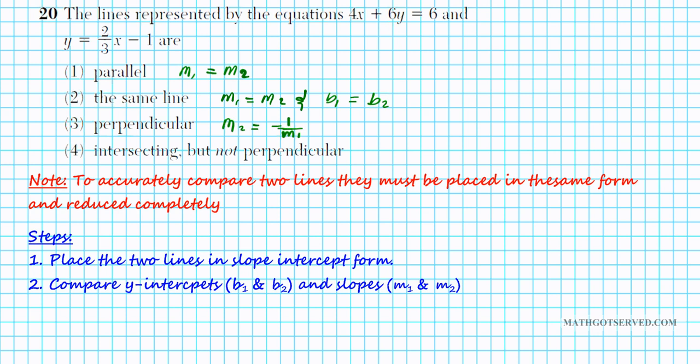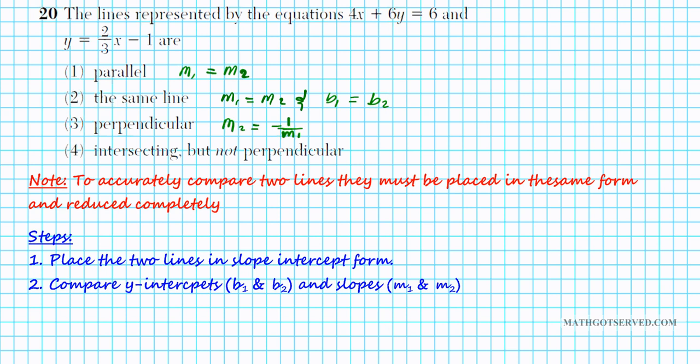Intersecting but not perpendicular basically means that it does not satisfy condition 1, and the B's are distinct. Oh, sorry, I meant to say it does not satisfy condition 1, and it does not satisfy condition 3 also, okay?